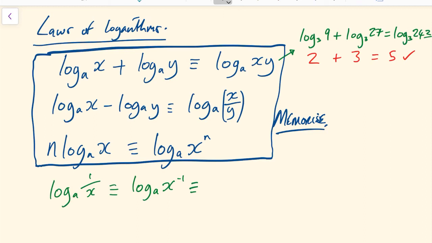And when we use our power rule, our third rule here, if I have x to the power of a number, I can turn this into minus 1 times log a of x, and that is minus log a of x.